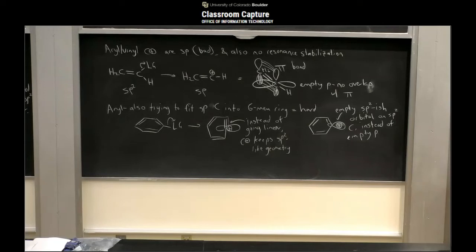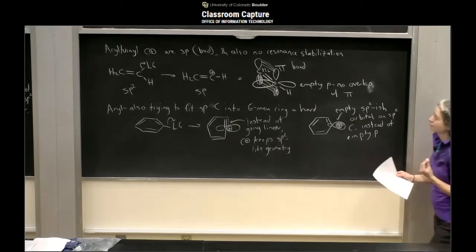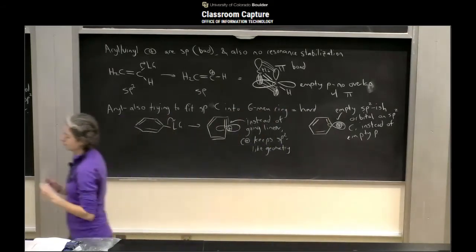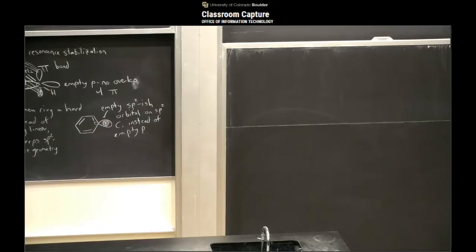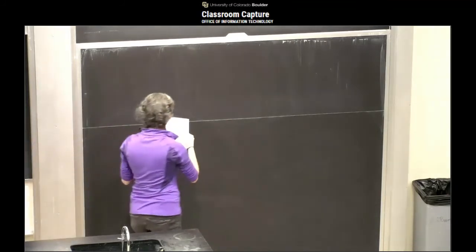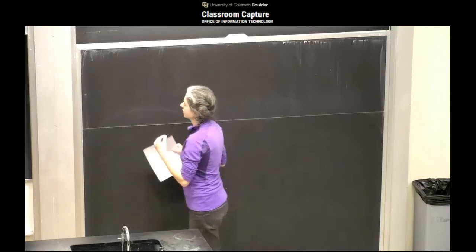Okay, so to top it all off, there's one additional factor on all of these. One more reason why SN1 and E1 are not great. And that is just getting the leaving group off in the first place is more difficult.